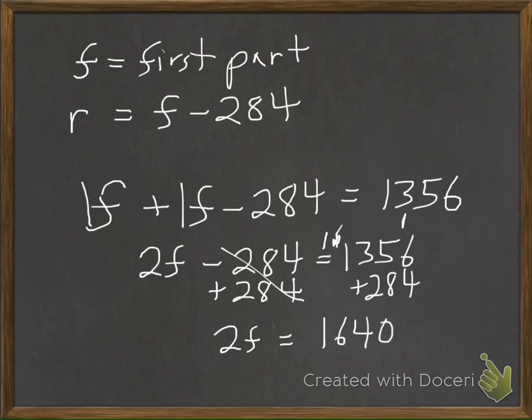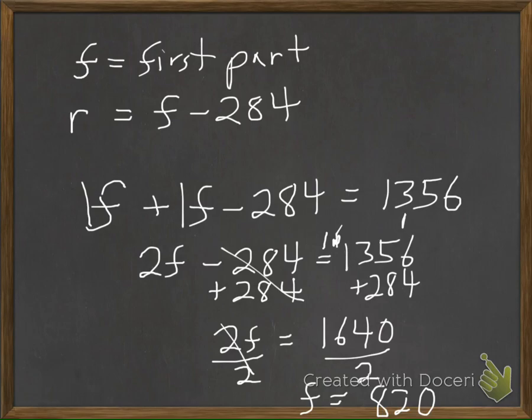And then our final step is divide by 2. So we get F equals, and 1,640 divided by 2 is 820, right? Okay, F is 820.